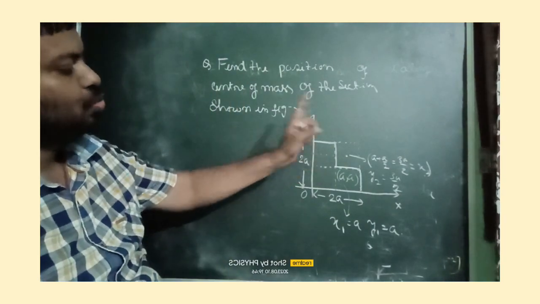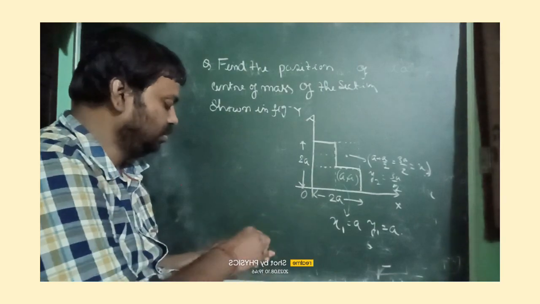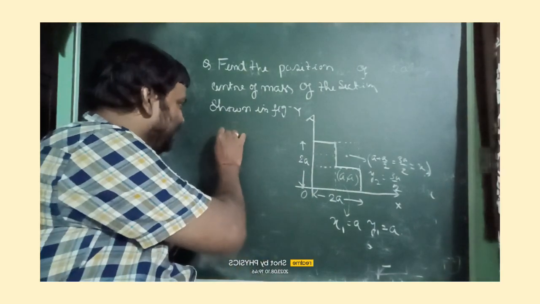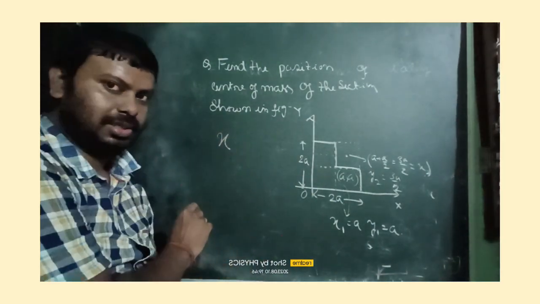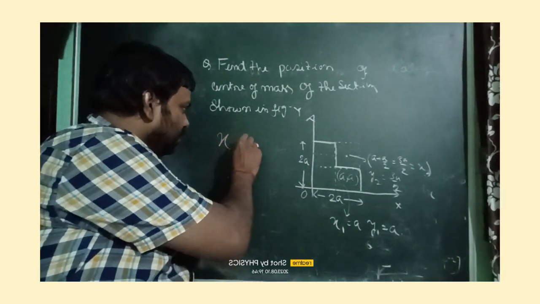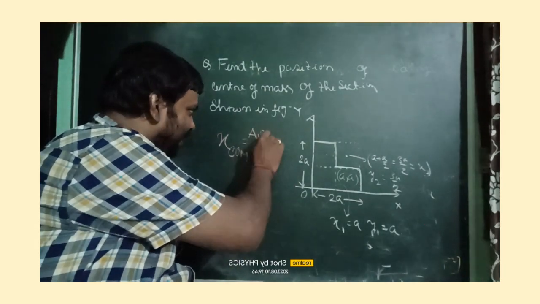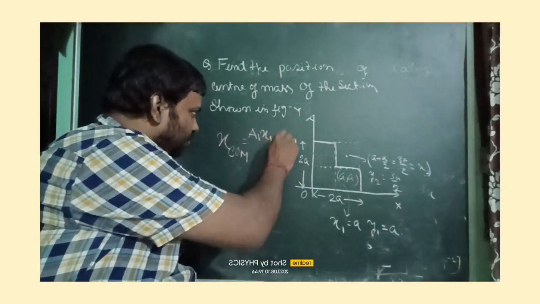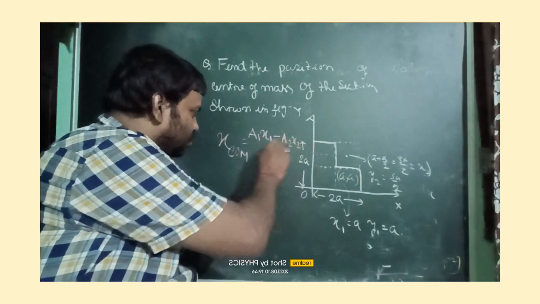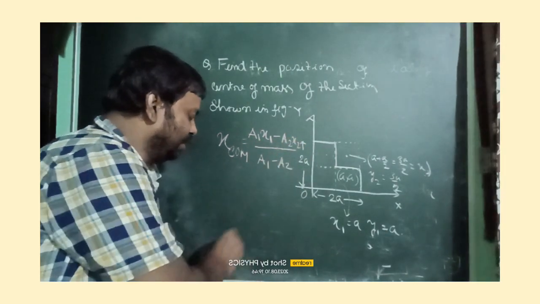Now as it is scooped out, the center of mass along the x-axis, X COM, is equal to (A1 x1 minus A2 x2) by (A1 minus A2).